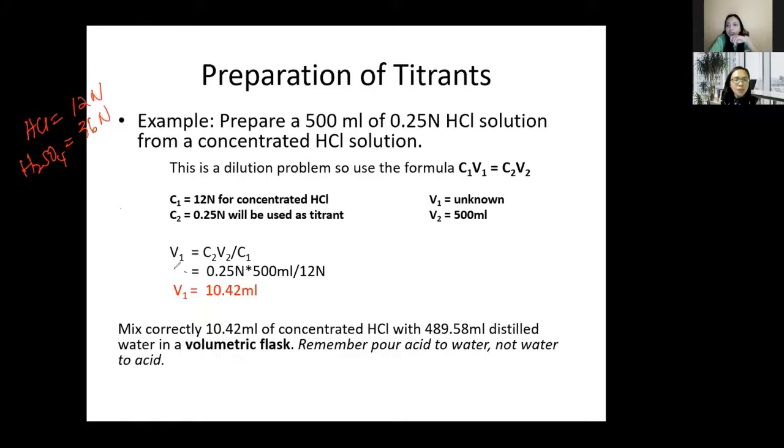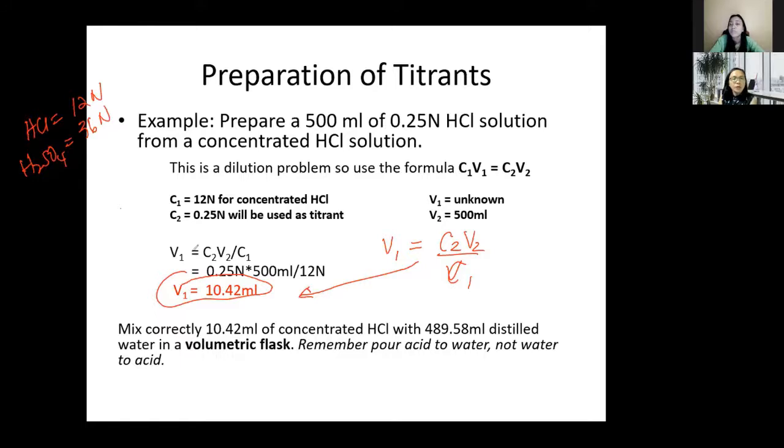So, ang ating requirement is how much is the volume 1? Okay, how much of the stock solution are we going to use? Okay, we have here 10.42 yung ating volume na needed, okay, because from the formula, V1 is equal to C2V2 over C1. And you will get that one.